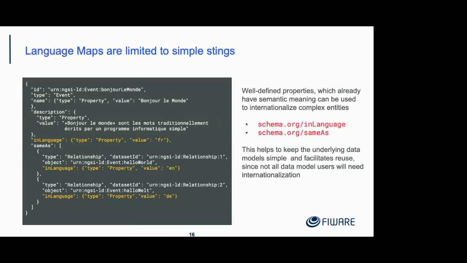Then you can make queries of saying, I only want to receive information in German or whatever. Similarly, you can use sameAs, and again, sameAs has got a semantic meaning from schema.org. There are probably equivalents in other ontologies out there. It's just that schema.org is one of the really large and common ones to start looking for your data models.